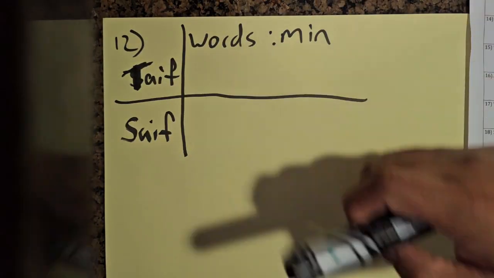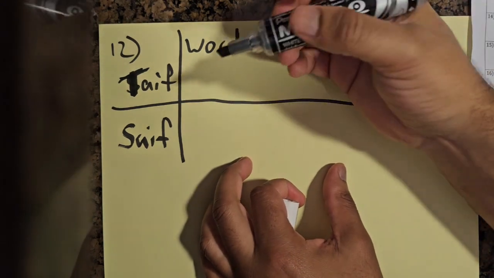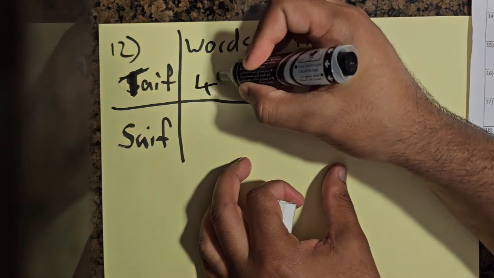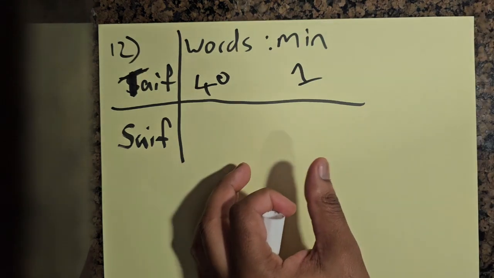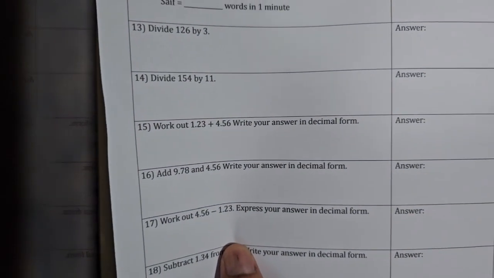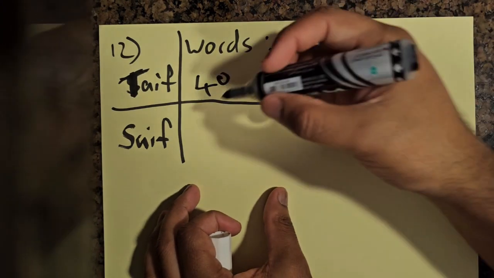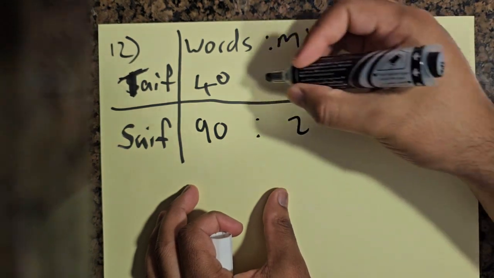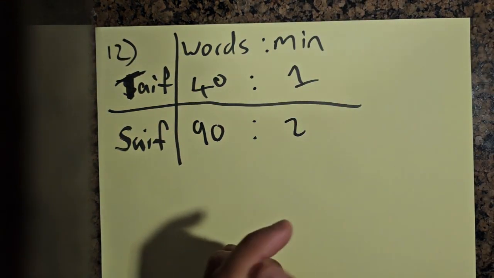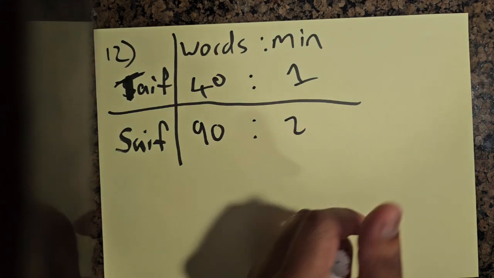I made a little table here so that we can compare. We've got words to minutes. For Dave, we said that's 40 words in 1 minute. As for Saif, in question 12, they say that Saif can type 90 words in 2 minutes. So we'll put here 90 in 2. Now, just like in the previous question, all we really need to do here is divide the left side by the right side to make this into unit rate.